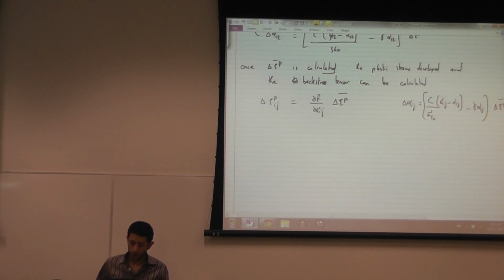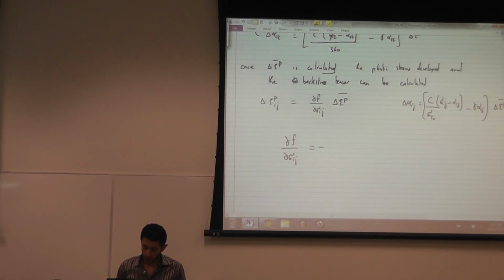In all of the above, partial f by partial sigma ij is equal to negative partial f by partial alpha ij, which is equal to 3 over 2 times S ij minus alpha ij deviatoric, divided by sigma von Mises evaluated at sigma minus alpha.